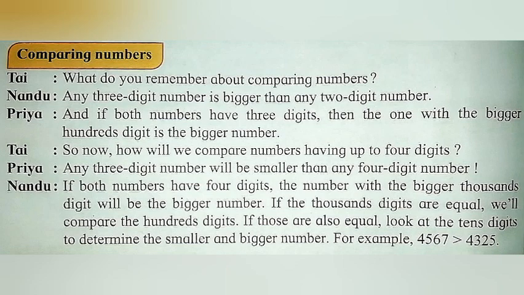When the thousands are equal, we go to the next digit, that is hundreds, and we have 5 in the first figure and 3 in the second figure. So 5 is bigger than 3, hence 4567 is bigger than 4325. This is how comparing numbers is done.